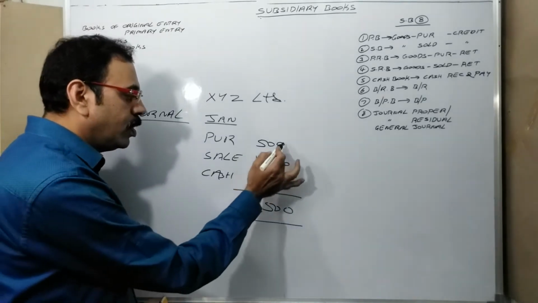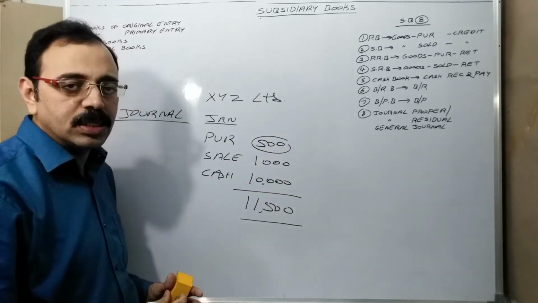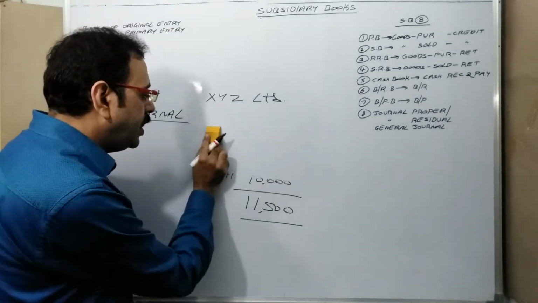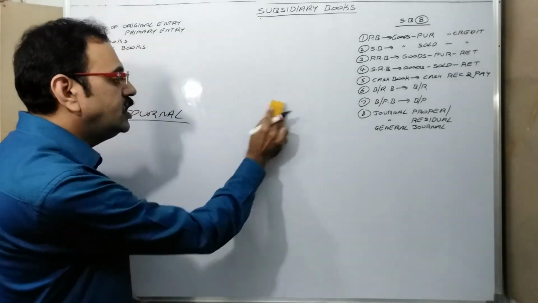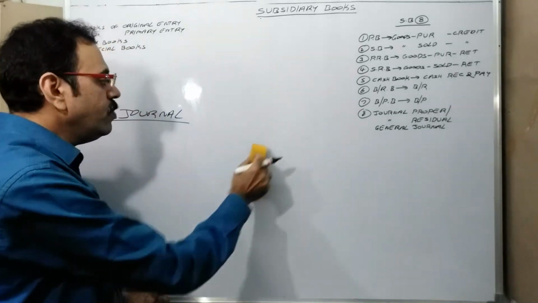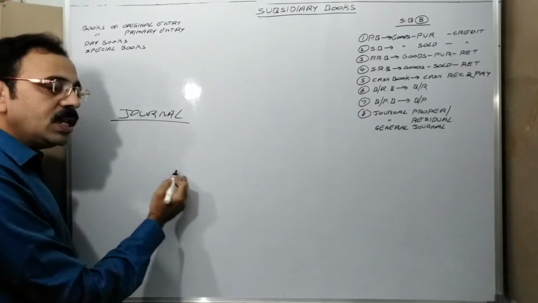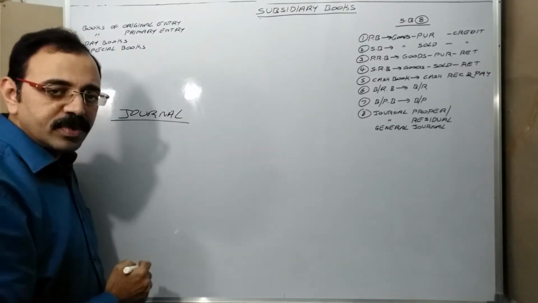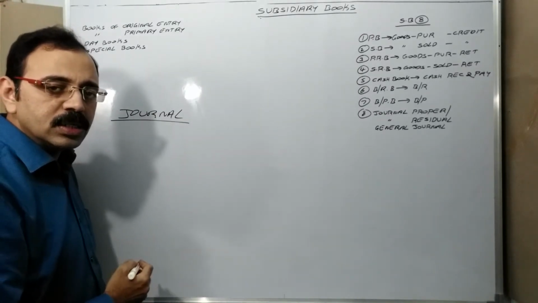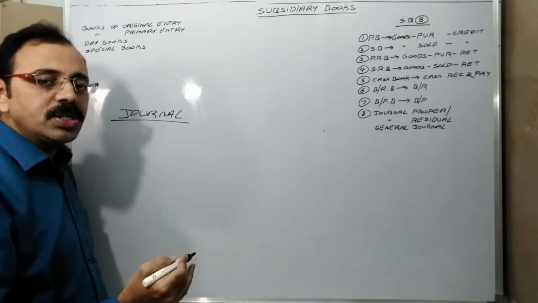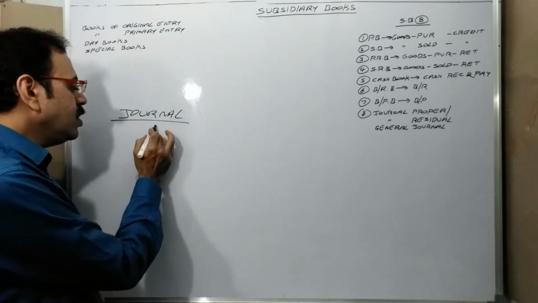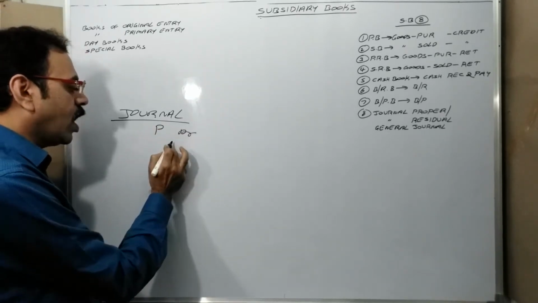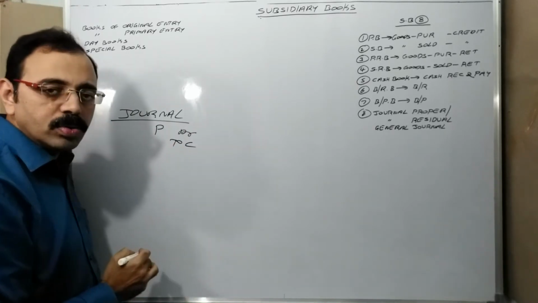For example, take these purchases. 500 times we purchase in January month. Therefore, 500 journal entries we should write. What is the entry for purchases? If goods are purchased for cash, then purchases account debit to cash account.